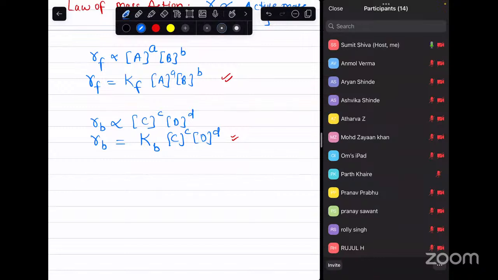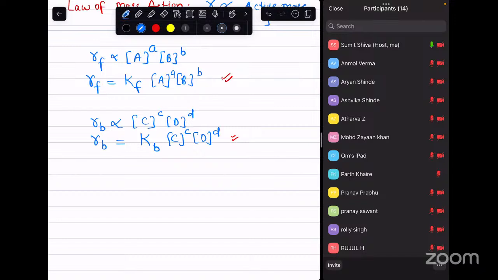Is it necessary that the concentration of reactants will be equal to the concentration of product? No, it is not the case and it is not necessary. The condition is that the concentration of reactant will be constant, but it need not be equal to that of product.